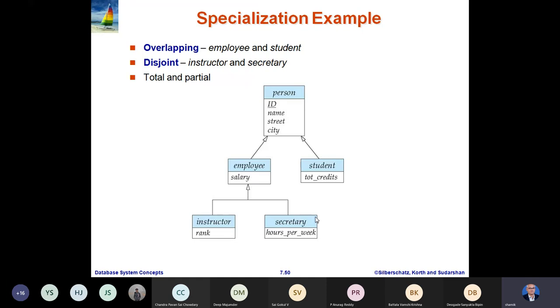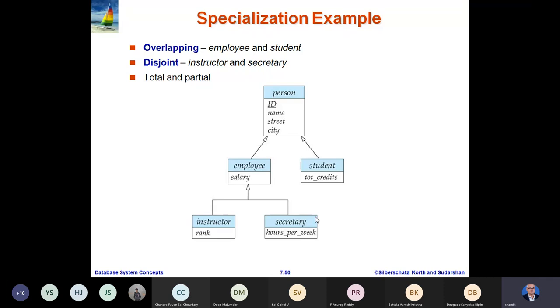Also, we said that they can be disjoint, meaning that no employee can also be a student, and we took some examples yesterday.